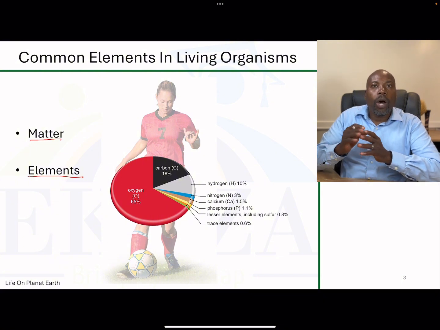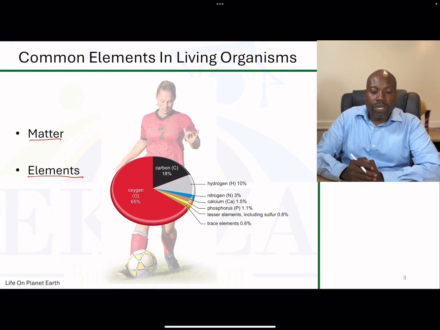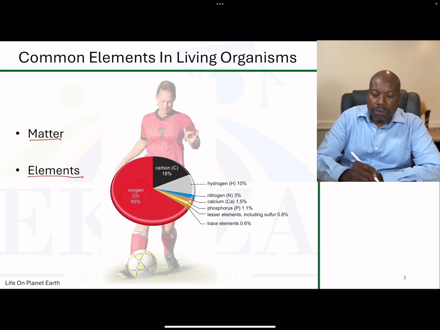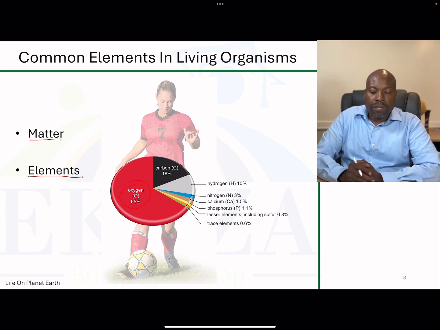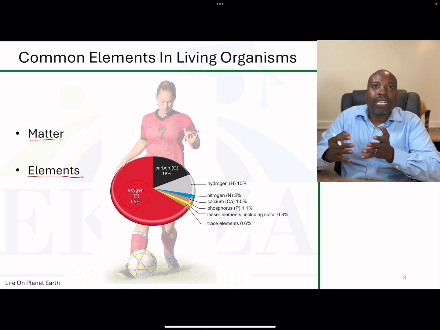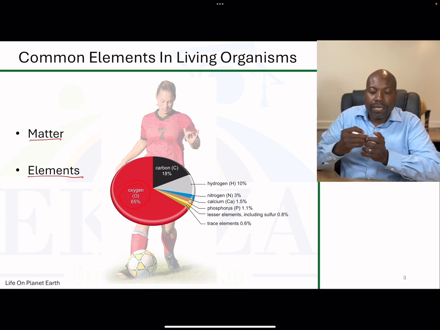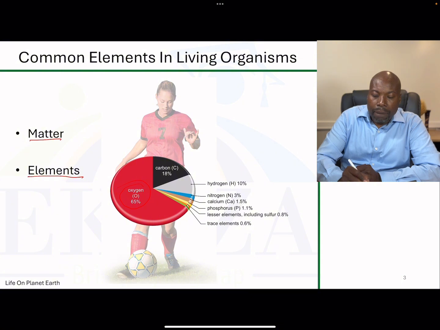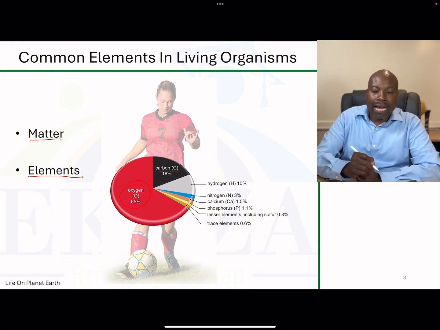However, only some are found in large amounts in living systems, such as you. Now, what are these elements that are found in large amounts? When we consider our body, oxygen, for instance, accounts for 65% of all the elements that are found in a human. Carbon accounts for 18%.